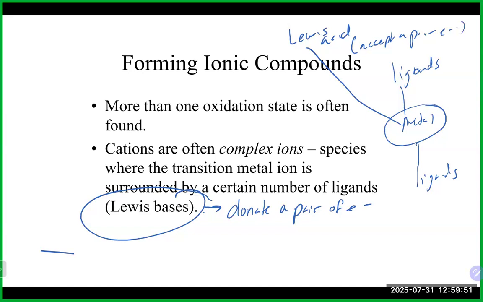And a cation in the middle, the only way it can become positively charged is if it had to lose electrons, which means it's electron deficient, which means it's ready to accept electrons.